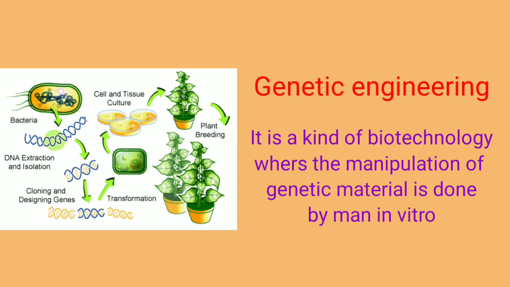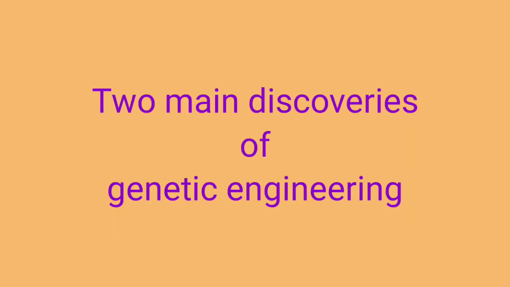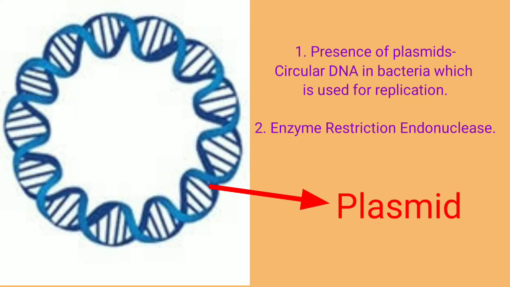Now, how did genetic engineering become one of the important aspects of biotechnology? With two main discoveries. The first was the use of plasmids in bacteria for the purpose of replication in biotechnological studies. As you know, the plasmid is a specialized circular DNA that is found in bacteria.